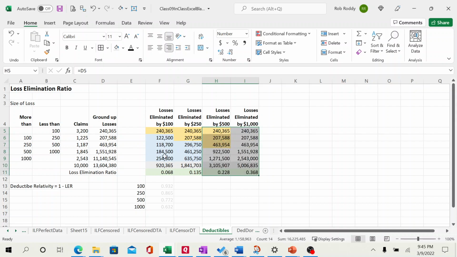So if you do $500, okay. So same thing. If you eliminate $500, your LER for $500.